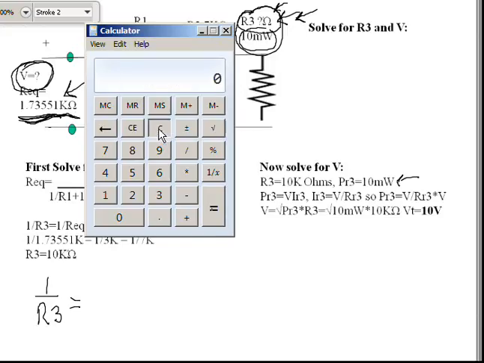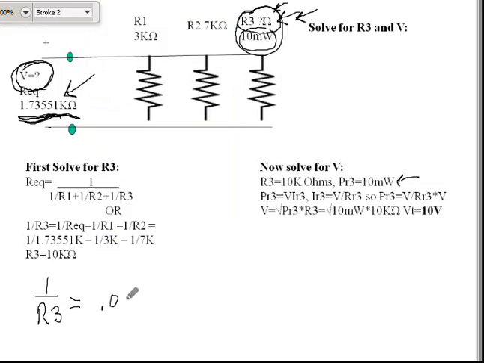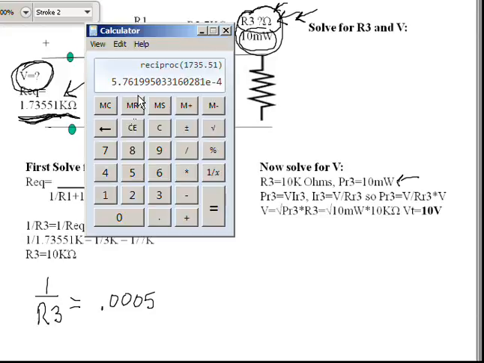So total conductance, 173.551, and call that 1 over x, which is going to equal 0.000576.